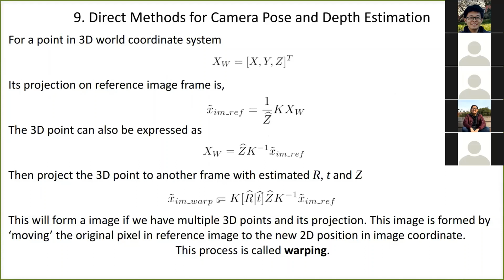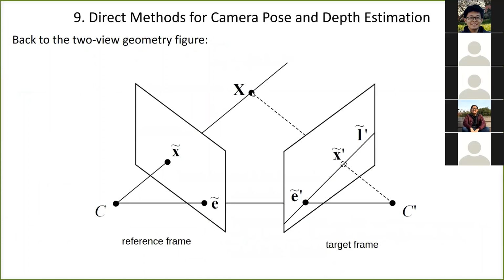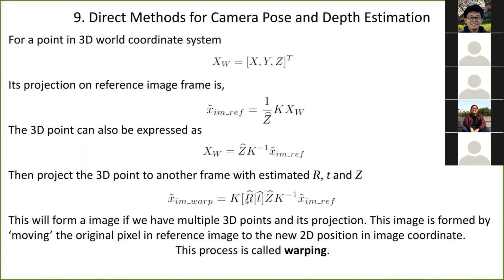And then we can warp the same point, project this point to the target view, if we have the rotation and translation. Okay, but this rotation, translation, and depth are not something we already have. It's what we want to get and what we are going to estimate.